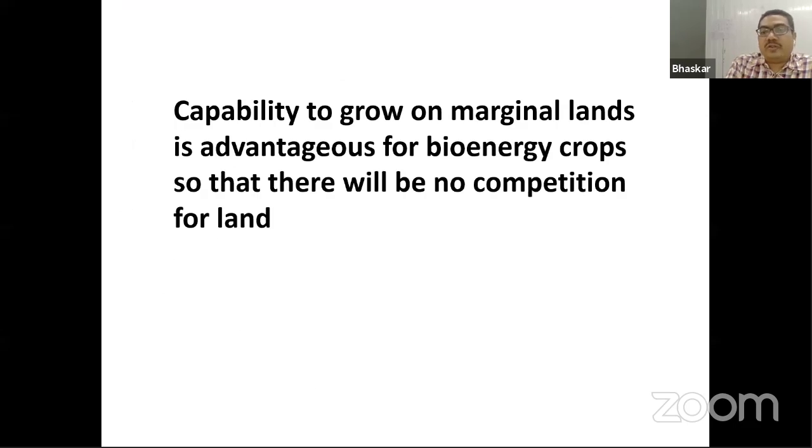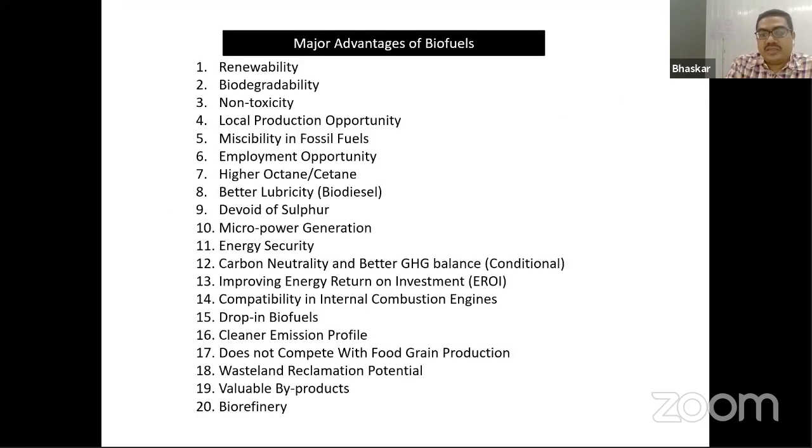So what we have to emphasize is that we must look for marginal lands which can bear those biofuel crops with minimal input of materials, minimal input of water, minimal input of fertilizers. We had discussed the major advantages of biofuels.